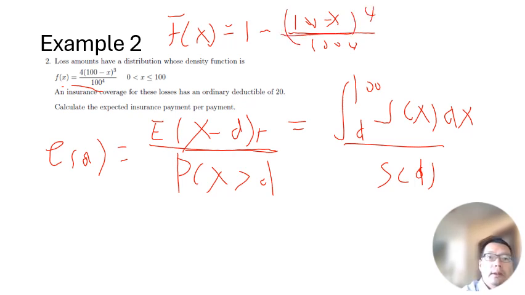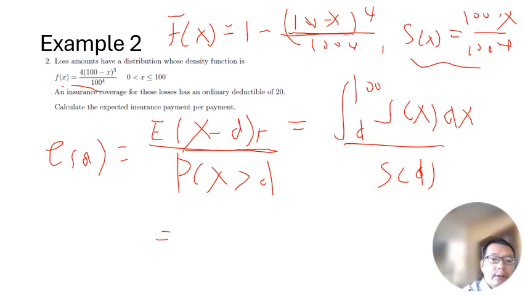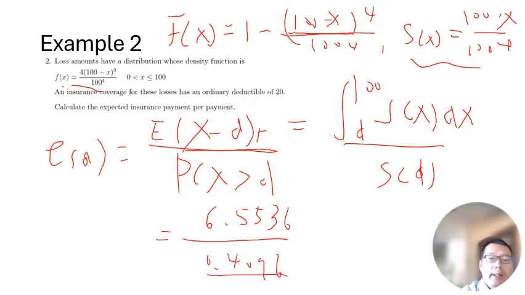So S(x) is just 1 minus F(x), which is 100 minus x over 100. With this S(x), we can calculate this integral, and eventually we get this value. 0.0496 is the S(D), so we can get about 16.